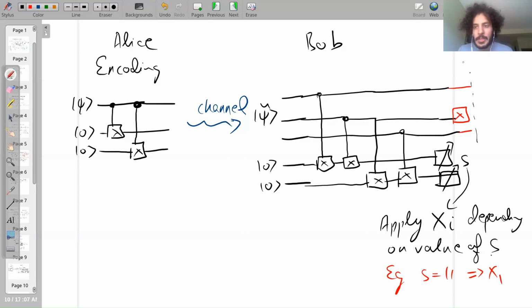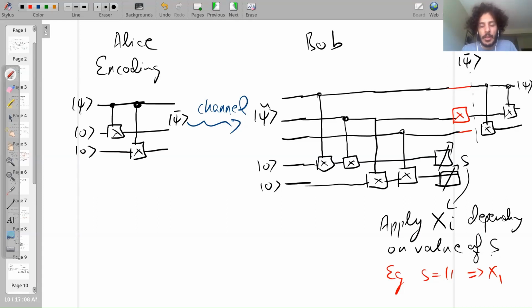If she does this, she will get psi bar back, and the way to go back from psi bar to psi is to just reverse the circuit. If we just run this circuit in reverse, we will get back psi. So you first do a control x from over here, and then you do a control x from over here. And the outcome of this will be that Bob will receive psi on this over here.